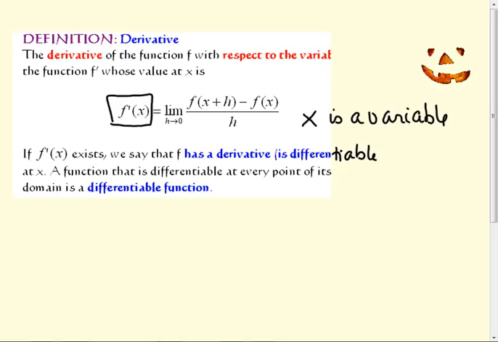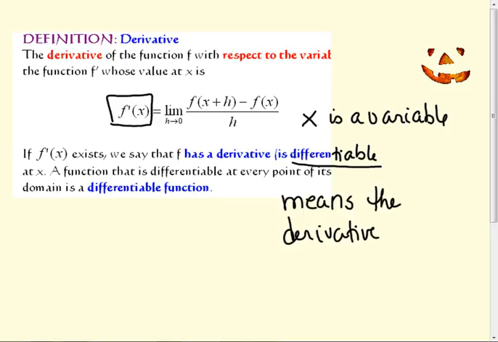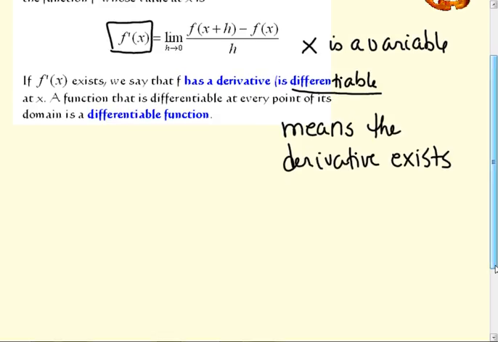Differentiable. So that means a whole lot. That means the derivative exists. And they will tell you on the exam that f of x is differentiable. You can go look at the exams, and you're going to say, oh, okay, I need to know that word. It means the derivative exists. And if you think a little bit more, if the derivative exists, then that means the point has to exist.